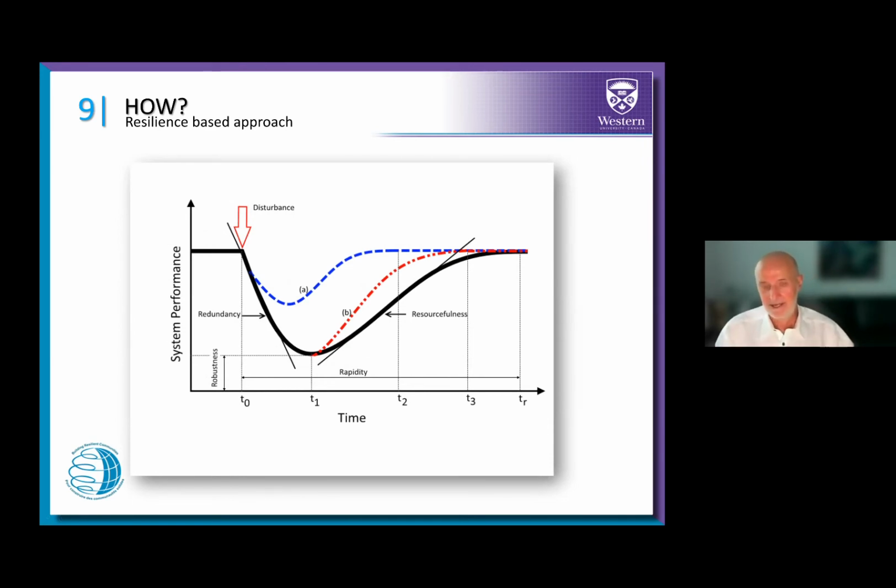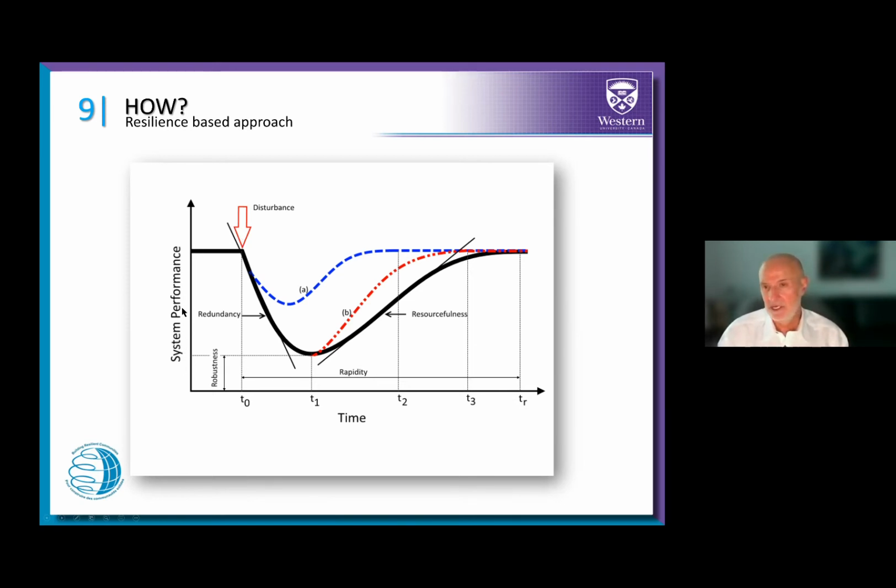What is resilience? That particular curve that I was showing on the graph earlier is based on the system performance, which is illustrated here. Let's say this is the beginning of our flood event.